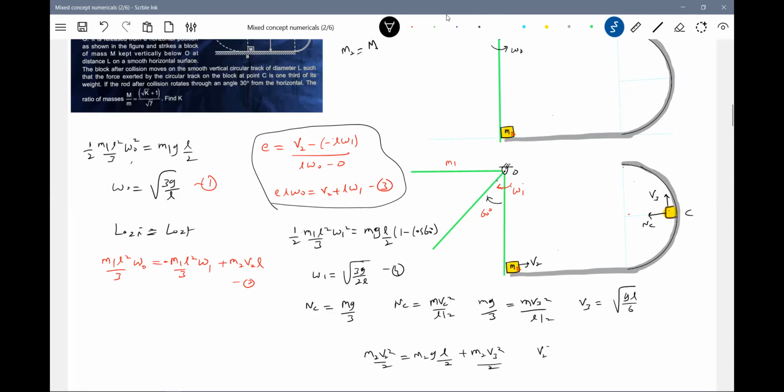The halves get cancelled, so v2 is equal to root of gL plus v3 square, or gL plus gL by 6, that is 7gL by 6. So we know the value of v2, then we know the value of omega 1, then we can get that ratio. K will be 2, sir. K will be 2. Okay, yeah, fine, good.